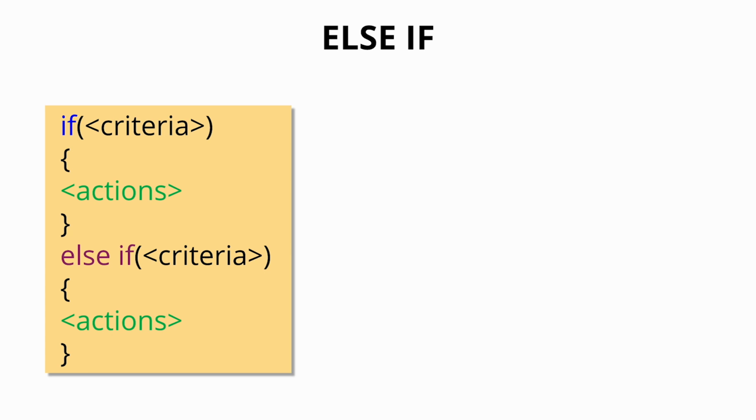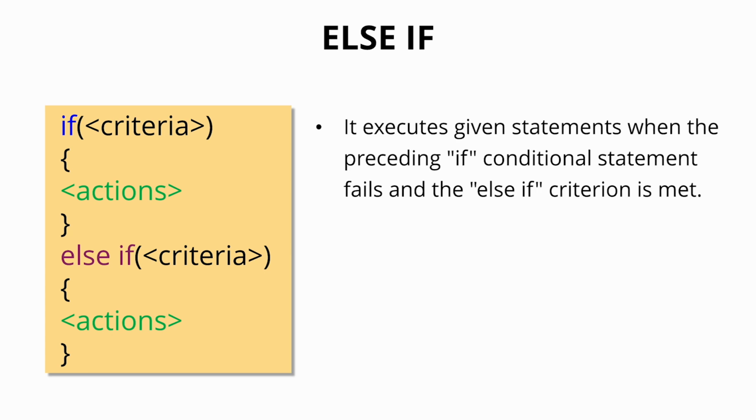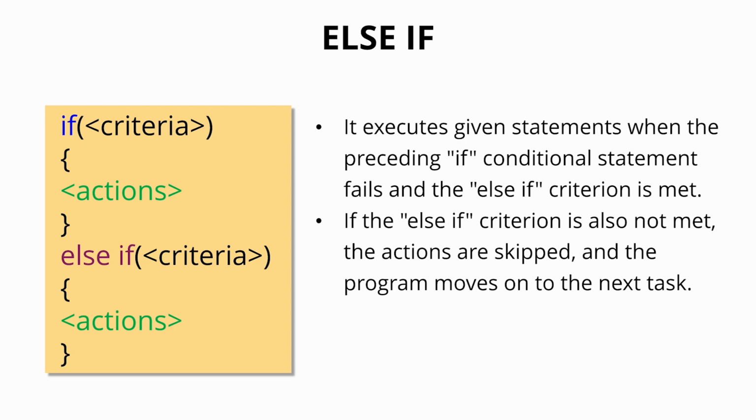Multiple checks can be done with the help of the else if condition. The else if condition always comes after the if statement. If the if condition fails, then the else if criteria gets executed. If the else if criteria is also not met, the program simply skips that block and moves on.